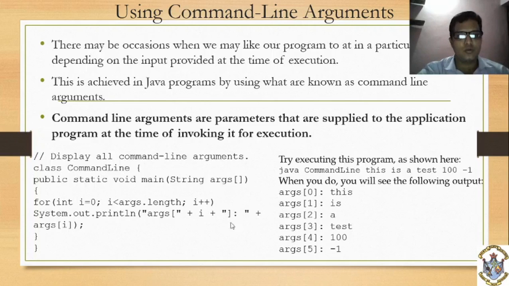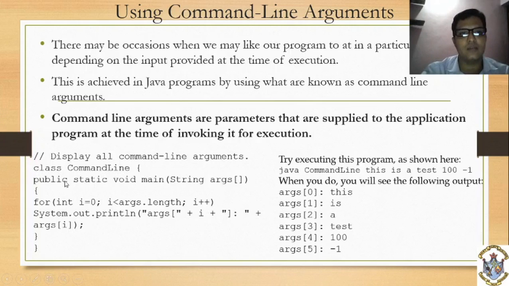To understand more, just concentrate here. What is a command line argument? Passing the argument at the time of execution. Only at the time of execution you are passing the argument values. That is called a command line argument. Now let us see this sample example.